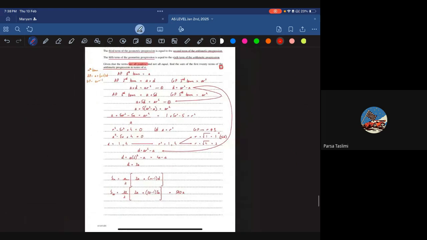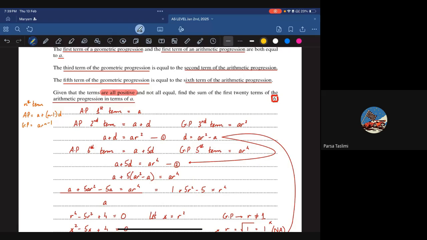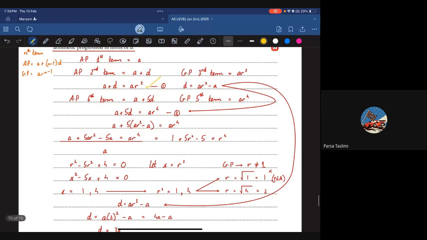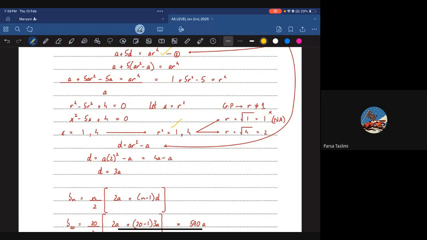There's a reason why it's 6 marks, because it required a lot of working. Let's see how the examiner is going to mark you. He is going to give you 1 mark for this equation, another mark for this equation, and 2 marks to get to the values of r, not r squared.